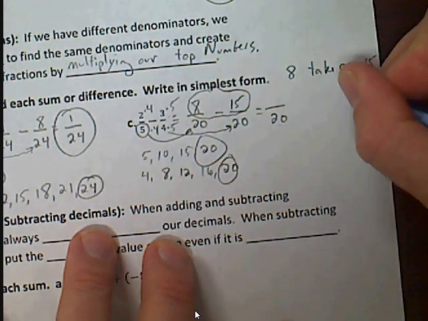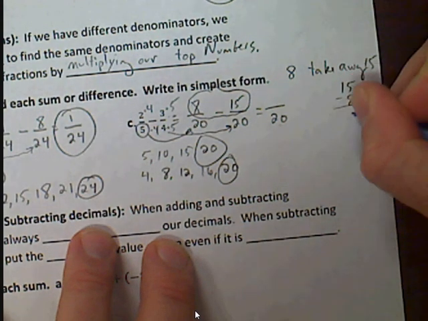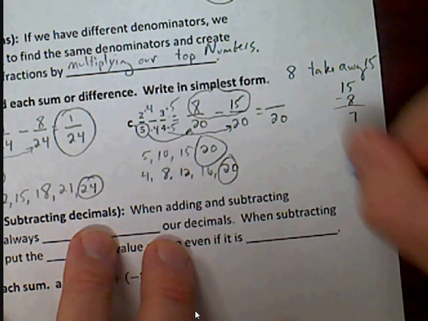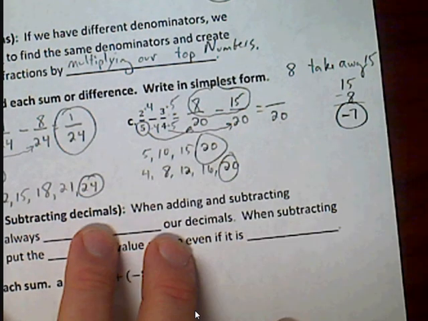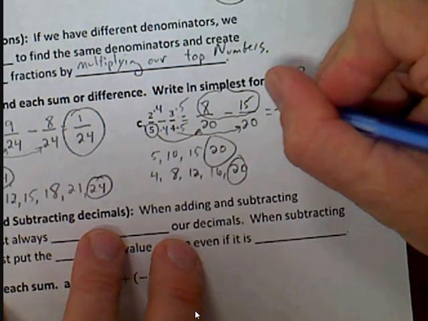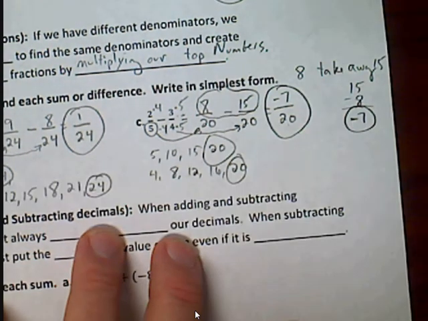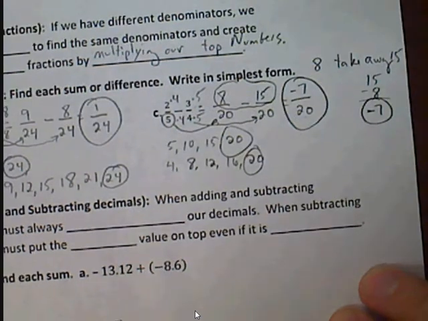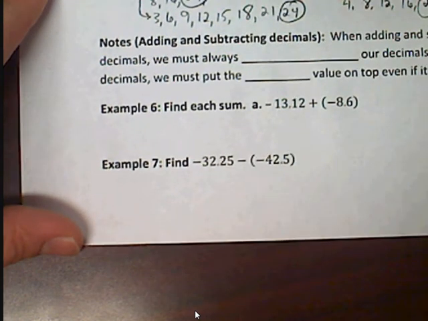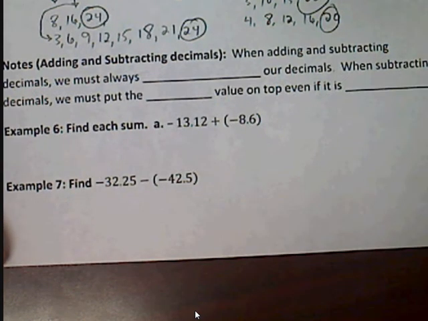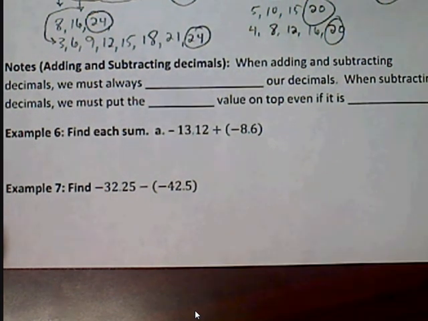But how much in debt? 15 minus 8 is 7. So I'm 7 in debt. Negative 7. So on top, we have negative 7 over 20. And that's where we would stop on that. Before we get into example 6 and 7, I have a couple more notes.